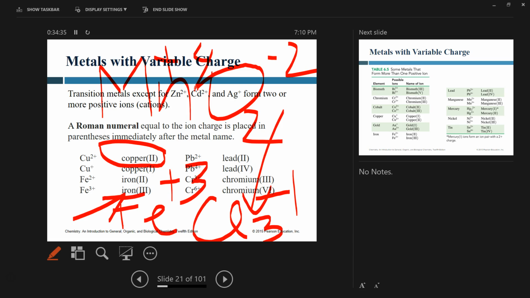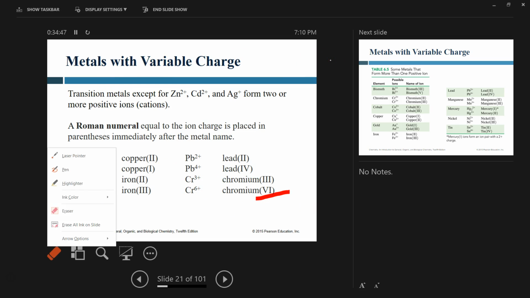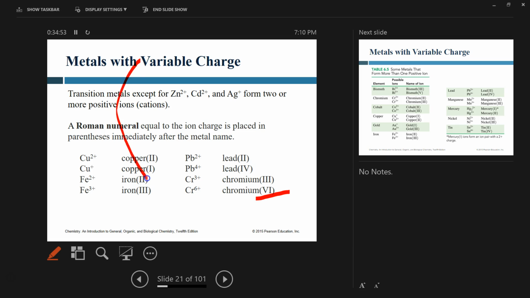It's oxygen, so oxide. So you write down manganese, then you put Roman numeral 4, oxide. Does that make sense? So you let other people know that you're talking about manganese with a charge of +4.